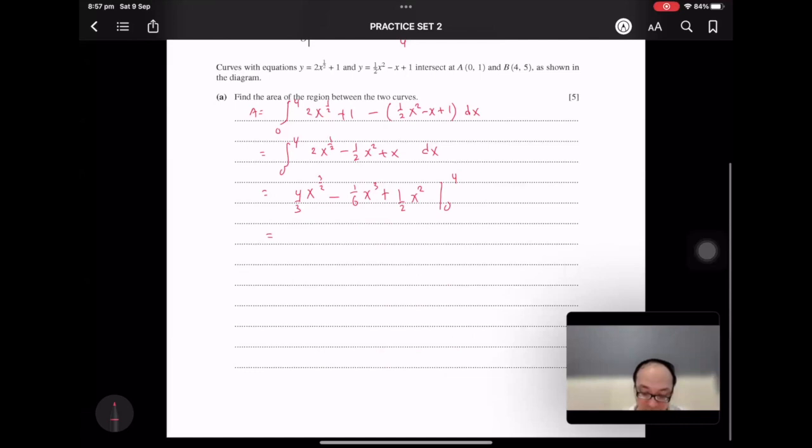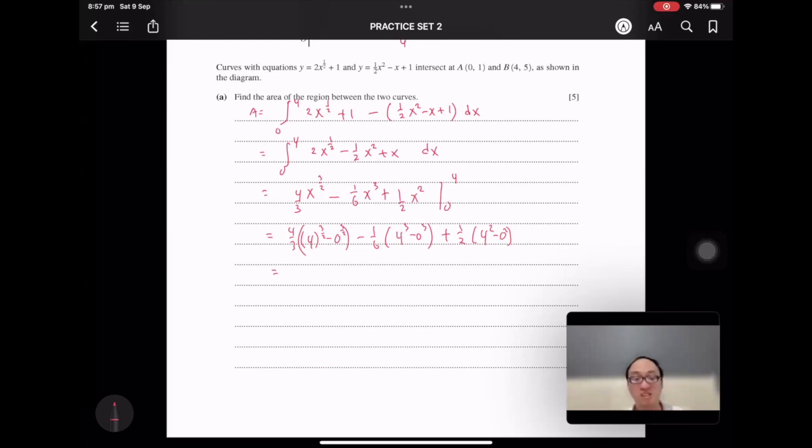So equals to 4 over 3, 4 to the power of 3 over 2 minus 0, minus 1 over 6, 4 cubed minus 0 cubed, plus 1 over 2, 4 squared minus 0 squared. Yeah, this is 3 over 2. They are the same, it's 0. So 4 to the power of 3 over 2 is 8. So 32 over 3 minus 4 cubed is 64.